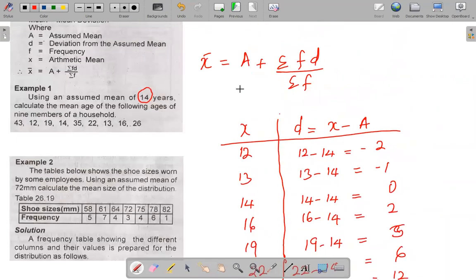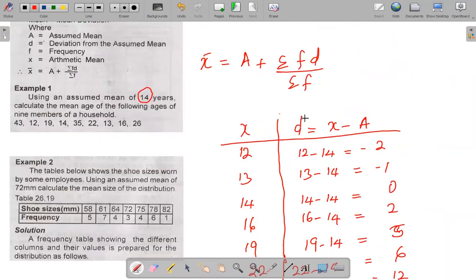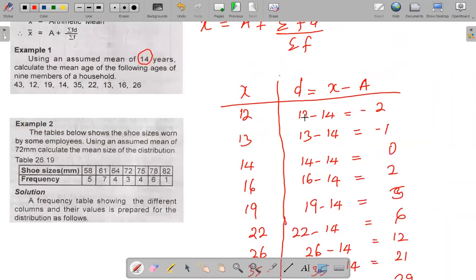And remember that our arithmetic mean, making use of the assumed mean, is the assumed mean plus summation FD over summation F. We don't have the summation F in our table. So in this case, how many data do we have? 1, 2, 3, 4, 5, 6, 7, 8, and 9.